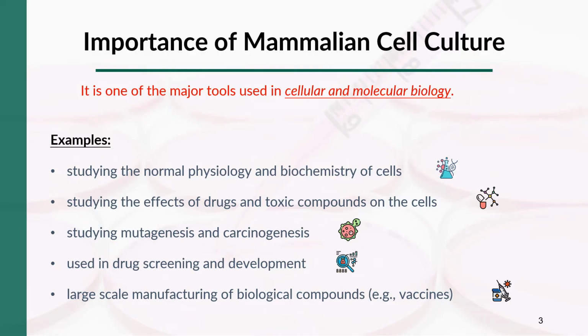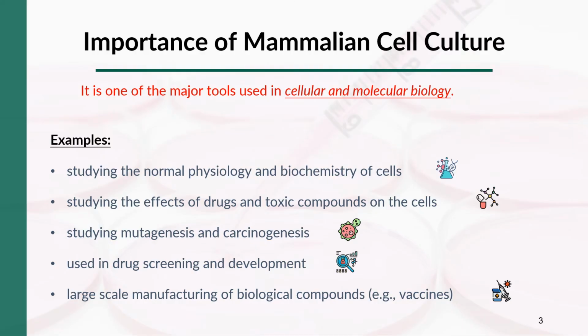You can also use it to study mutagenesis and carcinogenesis. It is also used in drug screening and development, and also large-scale manufacturing of biological compounds such as vaccines. So mammalian cell culture is pretty much being used a lot in all these different kinds of settings.